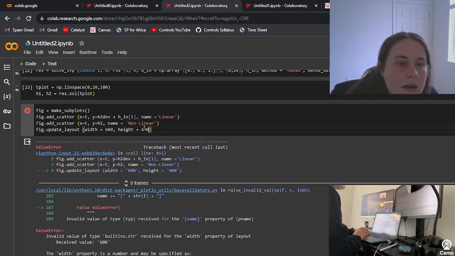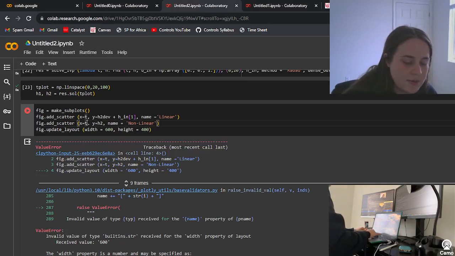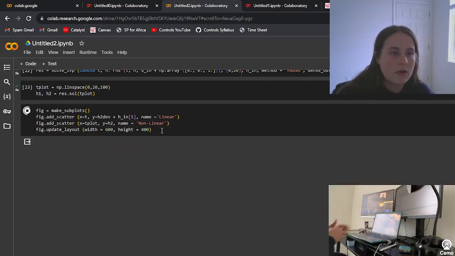Okay, I think everything else is fine. Oh, this needs to be t_plot. I think that is also causing issues.